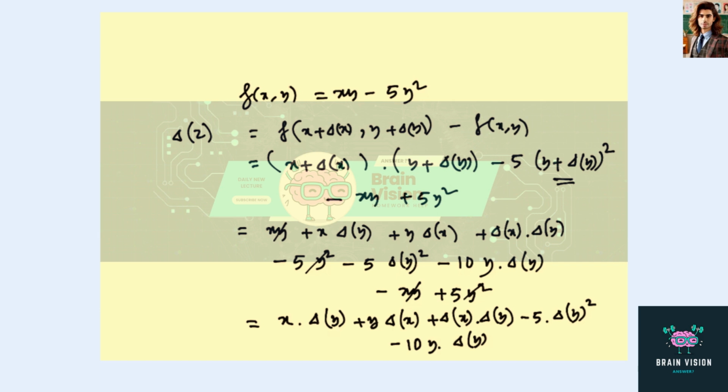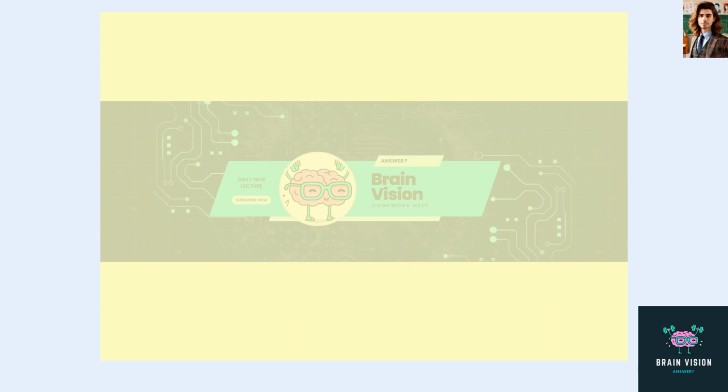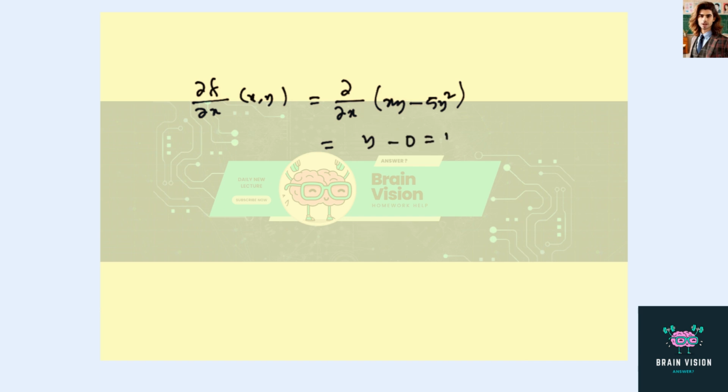Okay, so next we are going to evaluate ∂f/∂x at (x, y). So what is that? The partial with respect to x of xy minus 5y squared is going to be y minus 0, so y, and similarly ∂f/∂y at (x, y) is going to be x minus 10 times y.